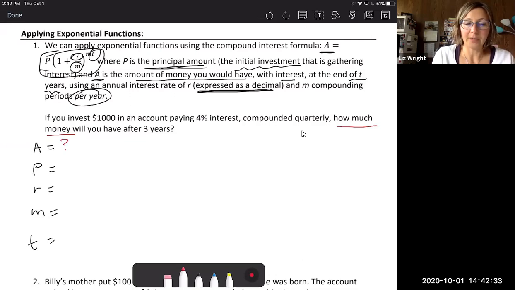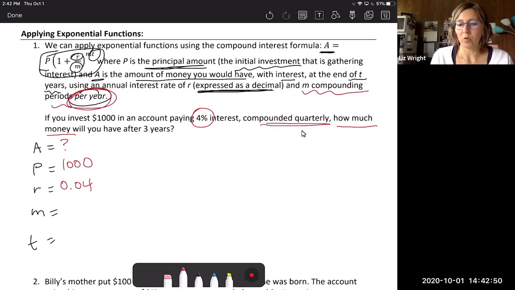Our principal, how much money did we initially invest, is going to be $1,000. What's our rate? It's going to be 0.04. So the M again, don't forget what our M is. It's our compounding periods per year. It's compounded quarterly. So how many times is that per year? 4. How many years? 3.